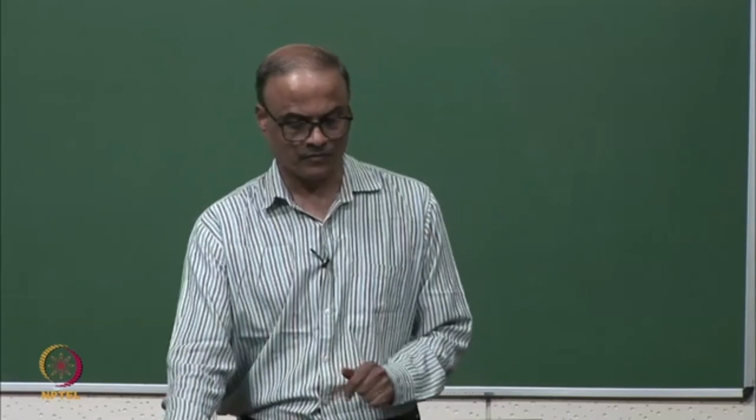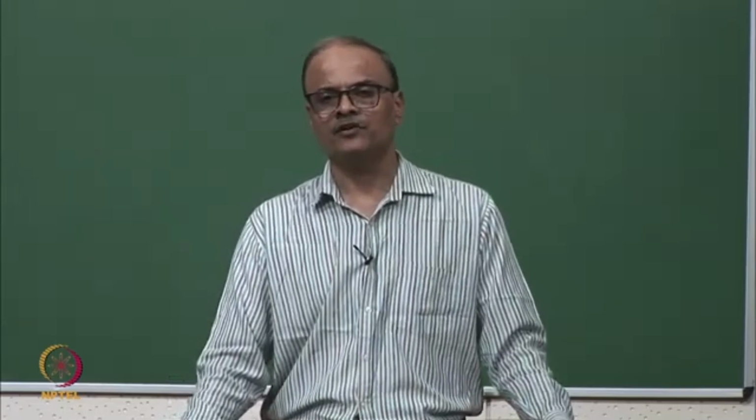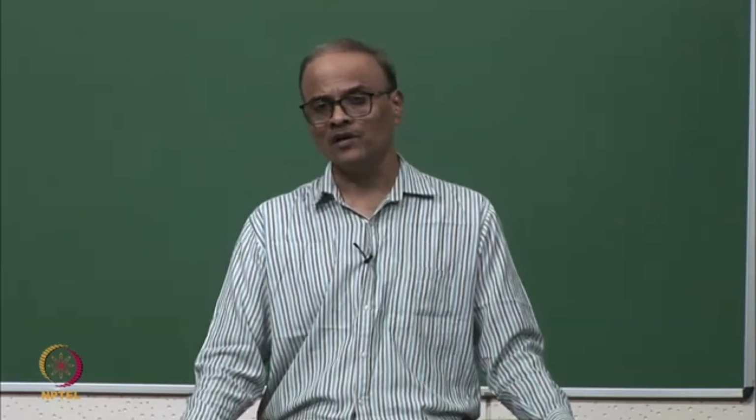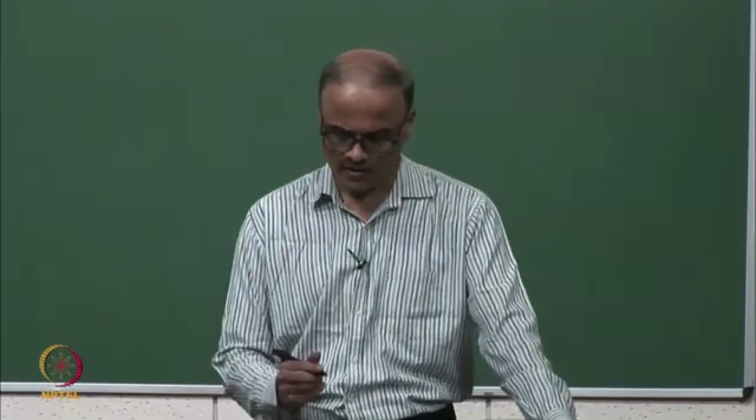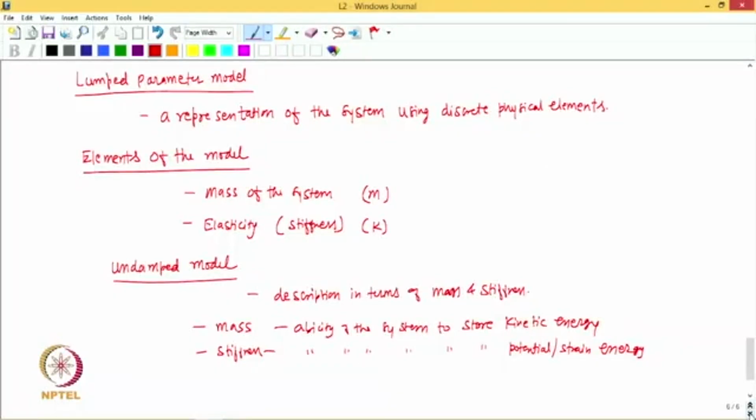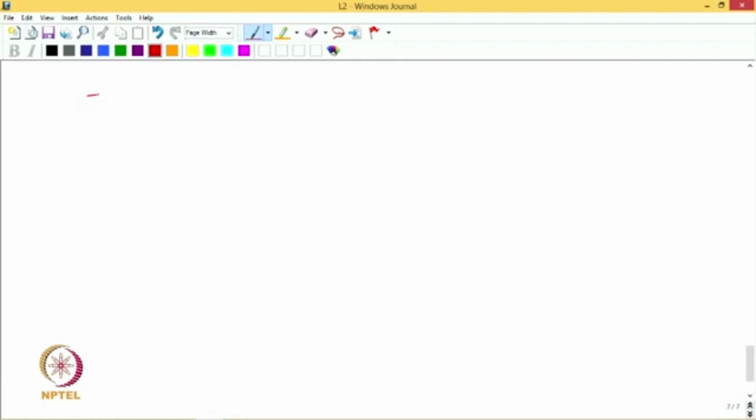So, if the decaying nature of the free vibration of a system is to be modeled, then we also need to model those dissipative forces, and this is done using a viscous damper. Dissipation of energy also needs to be modeled, and this is modeled using a damper or damping element.